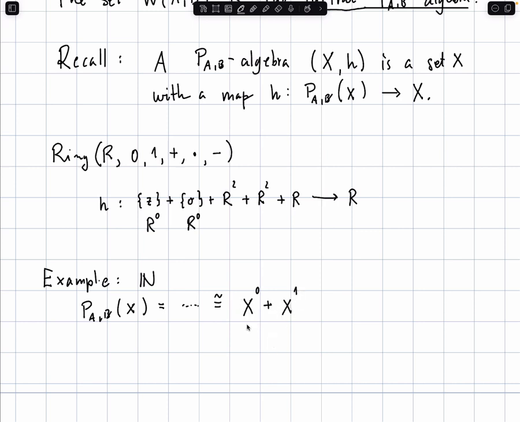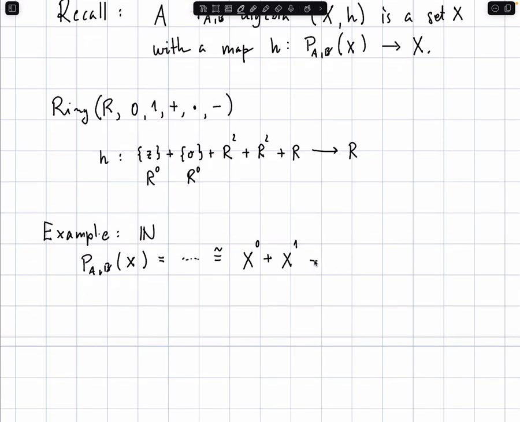Because we have one operation that is nullary and one operation that is unary. So that's going to be like, let me start writing 1 for the canonical singleton plus x.